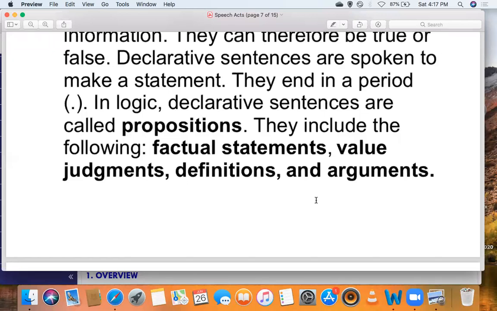Declaratives include the following: factual statements, value judgments, definitions, and arguments. Out of these four, the second half of the semester is designed to study only arguments. So for this class, we'll just discuss factual statements, value judgments, and definitions.